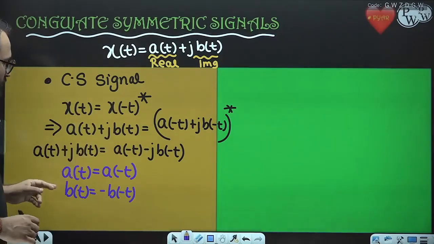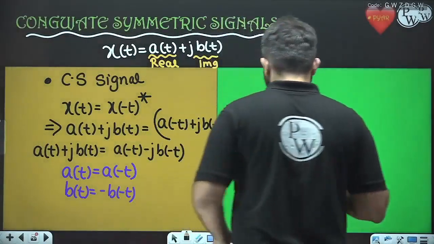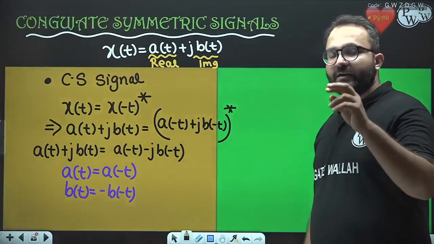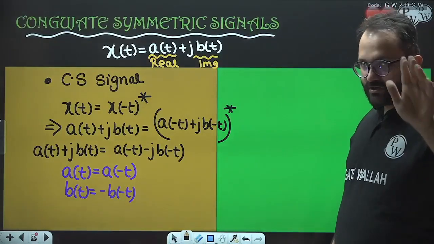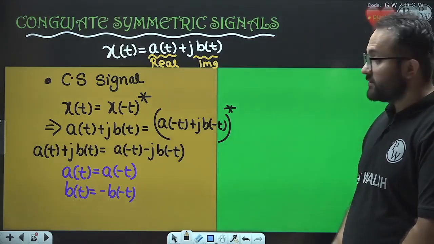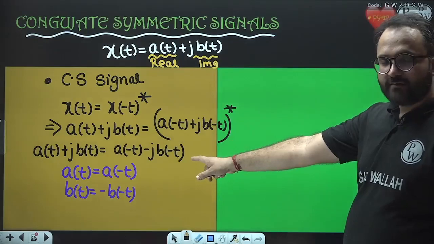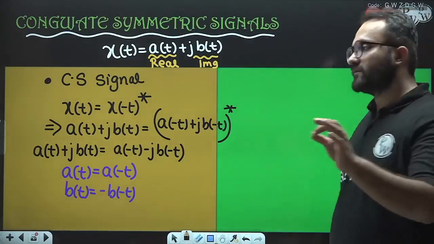So from here we can see the conclusion, just remember this: if the signal is conjugate symmetric, then the real part of the signal is even and the imaginary part is odd.